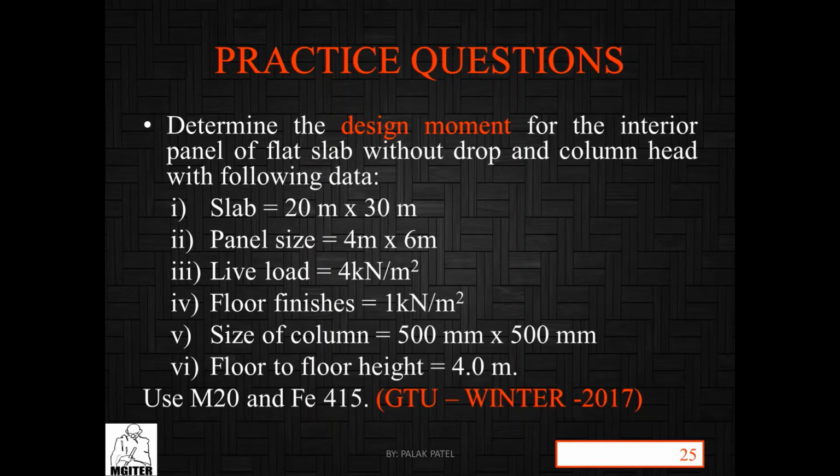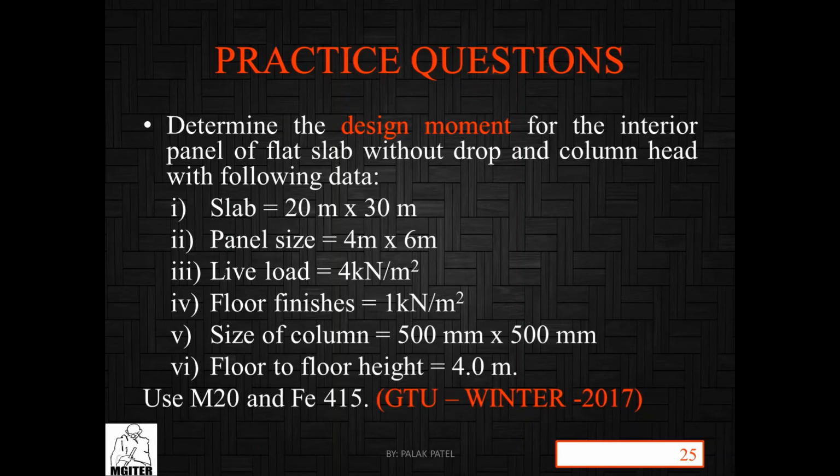Imagine the slab is 20 by 30, meaning the whole room dimension is 20 by 30, and one panel dimension is 4 by 6. Live load 4 kN per square meter. Floor finish is 1 kN per square meter. Size of column 500 by 500, a square column. Floor to floor height 4 meter. Use M20 concrete and Fe415 grade. This type of example was asked in GTU winter 2017.